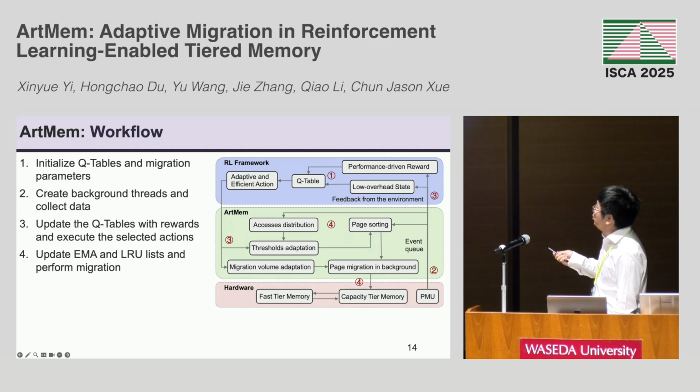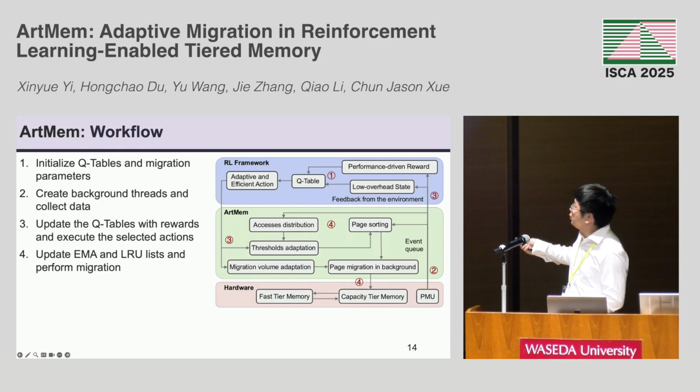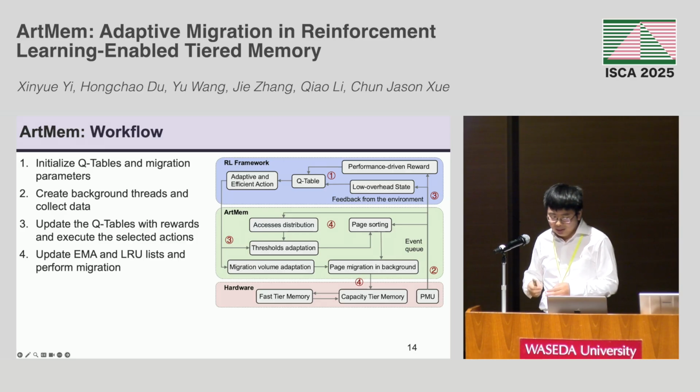Then we update the EMA and LRU list and perform actual page migration. This process repeats continuously with our agent learning and adapting to changing access patterns.